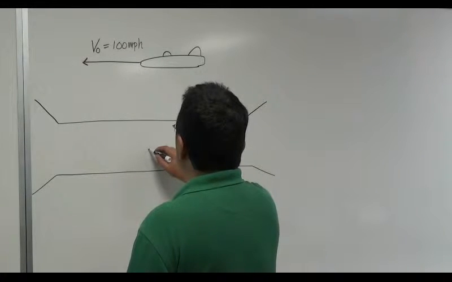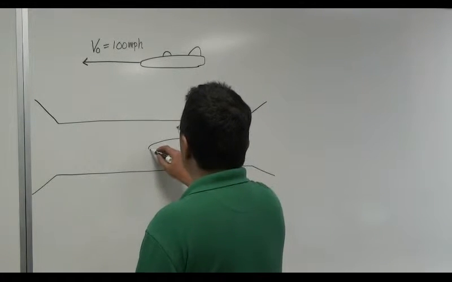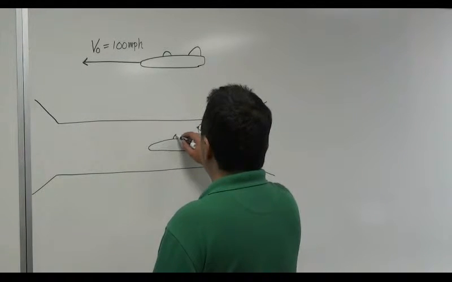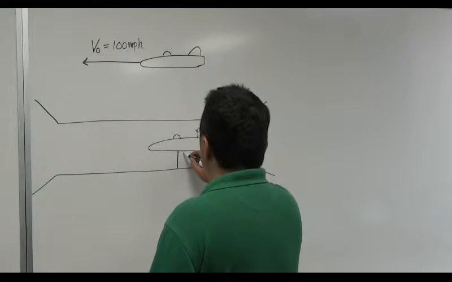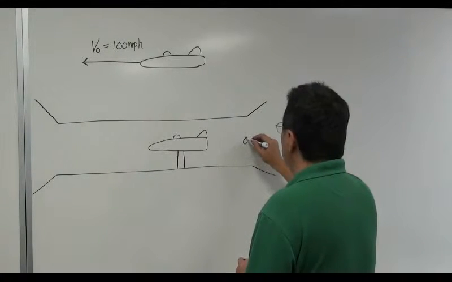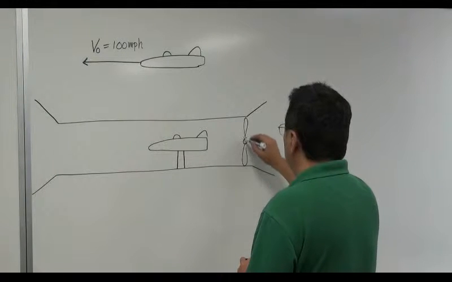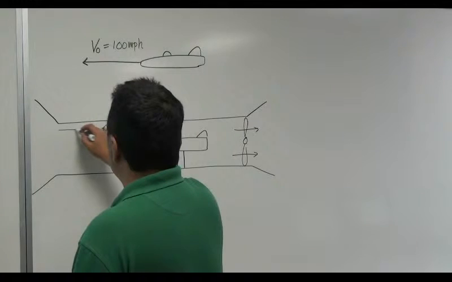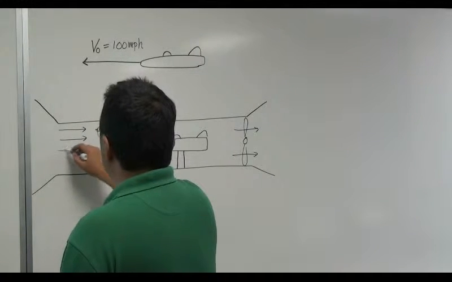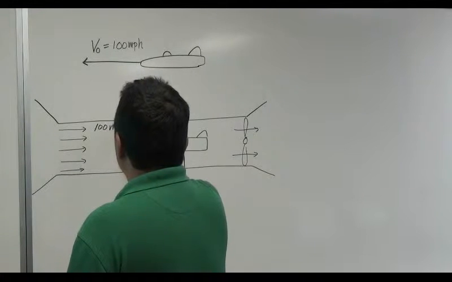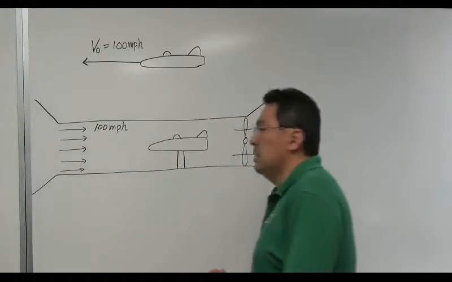So you are going to place the airplane inside of the wind tunnel. Obviously the airplane is not moving at all, but because you turn on the fan, this is going to create 100 miles per hour test section airspeed.